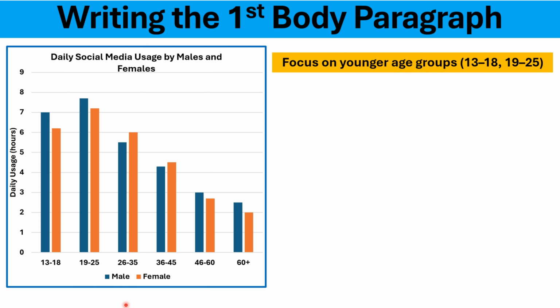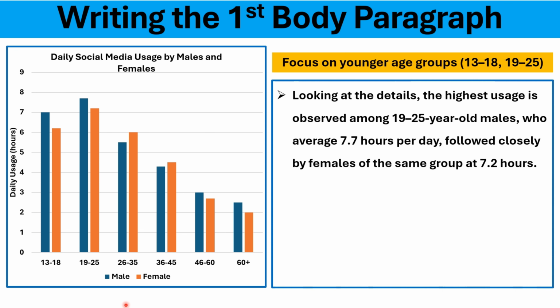To begin the paragraph, we use a connector to signal that we are now moving into the detailed description. You can use phrases like looking at the details or according to the graph to make your writing flow more smoothly. For example, we can start the body paragraph this way.